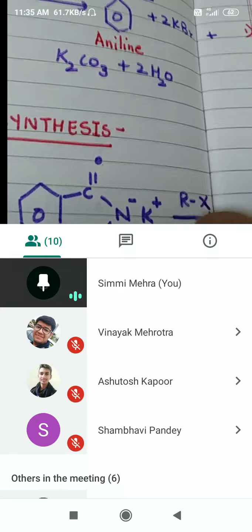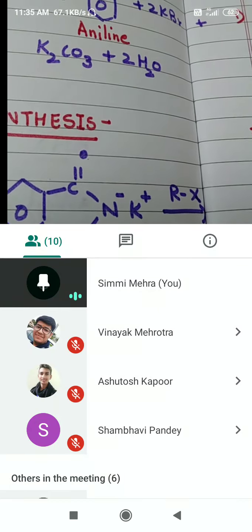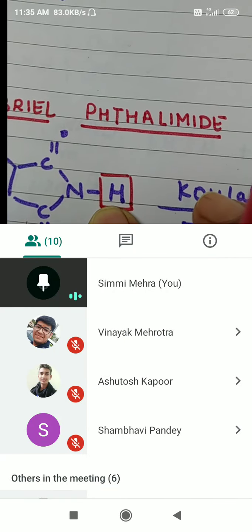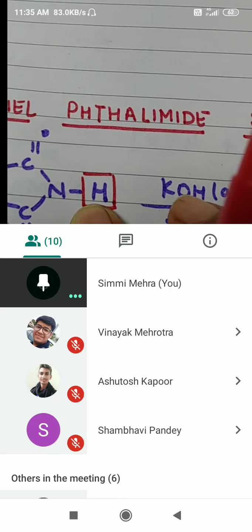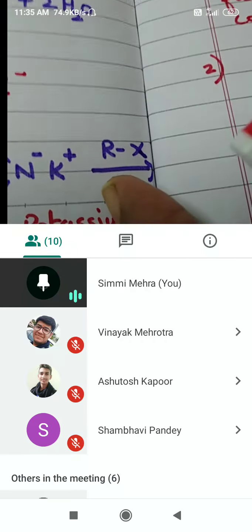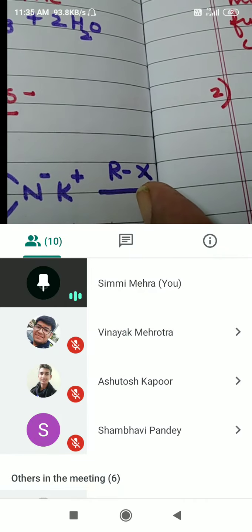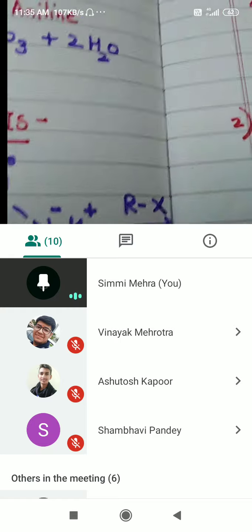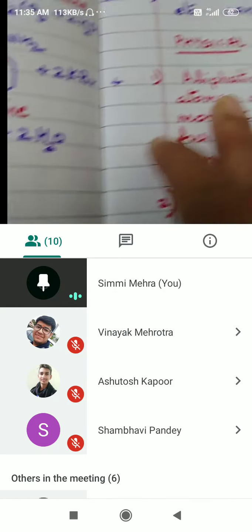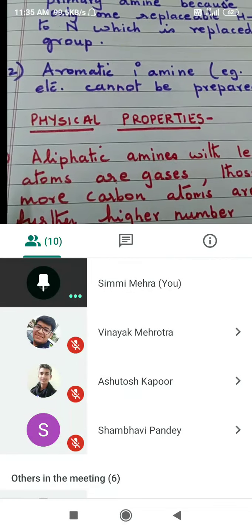So this reaction has two limitations. First, 2 and 3 degree amines cannot be prepared because phthalimide has only one replaceable hydrogen, so only one alkyl group can be attached over here. Second, if the alkyl halide used is aromatic, it has partial double bond character, and hence is discouraged. So for aromatic amines, the reaction is going to be very, very slow. So such a reaction is discouraged in organic chemistry.